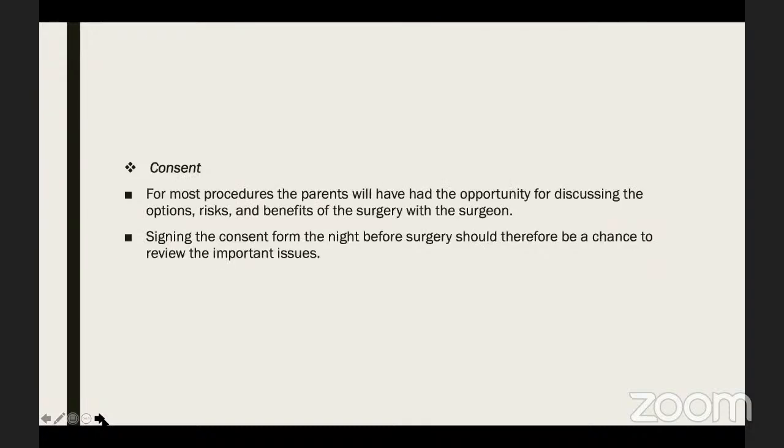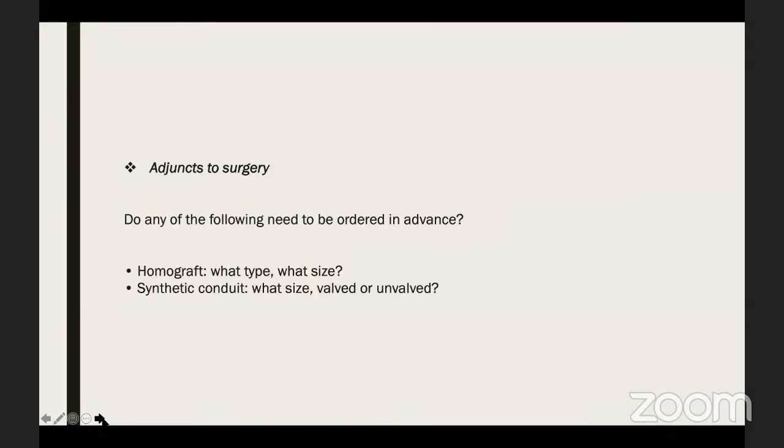For the consent, for most procedures the parents will have had the opportunity to discuss the options, risks, and benefits of the surgery with the surgeon. Signing the consent the night before surgery should therefore be a chance to review the important issues.